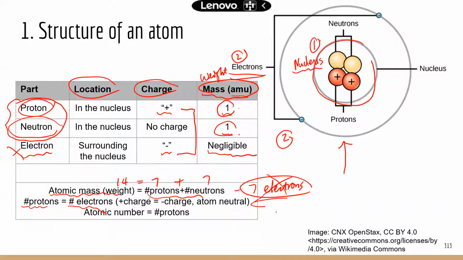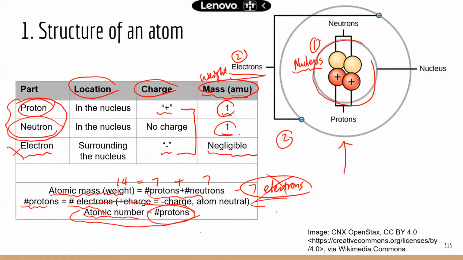The last one I just added here, we haven't talked about the periodic table yet, but once we get there, you will see that all the different elements are put in order on the periodic table. And that order is based on the atomic number. The atomic number is based on the number of protons, right?